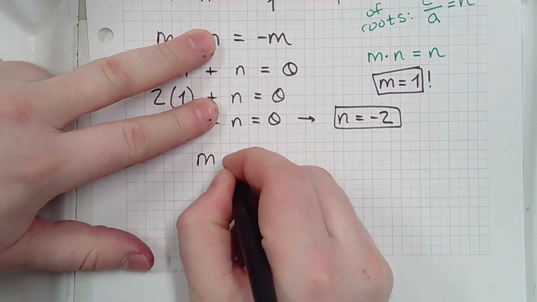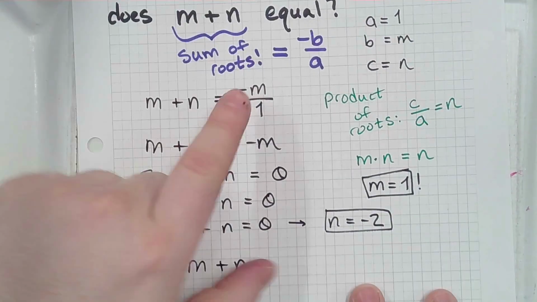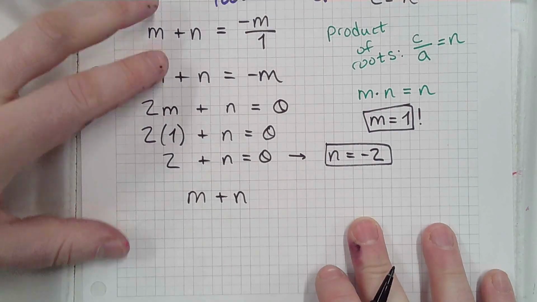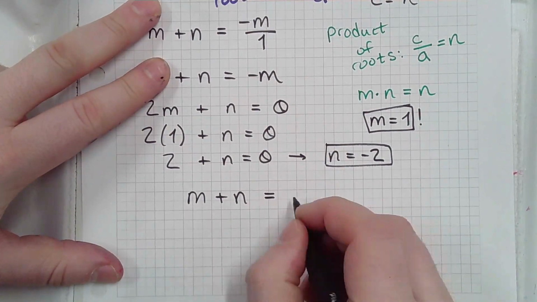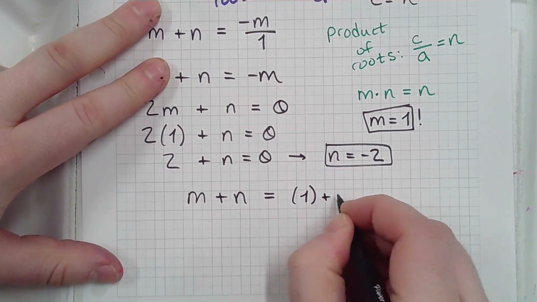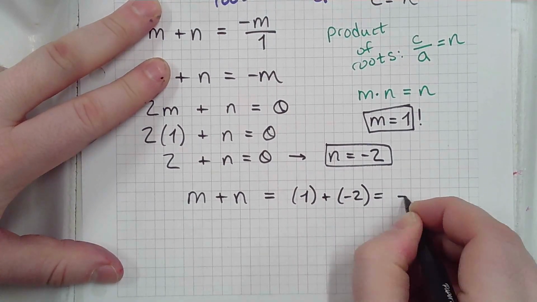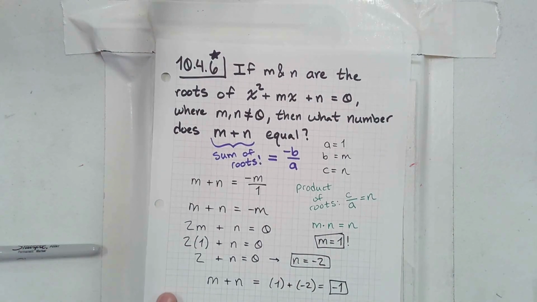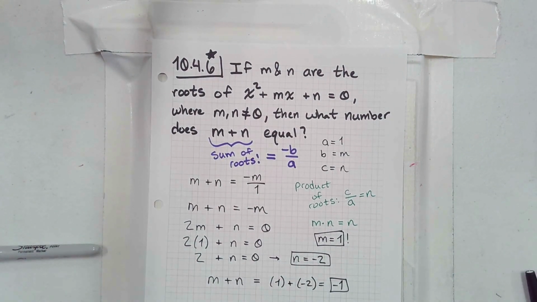What is m plus n going to equal as a number? We knew it as an expression. It equaled this, right? Well, m plus n is going to equal 1 plus -2. It equals -1.